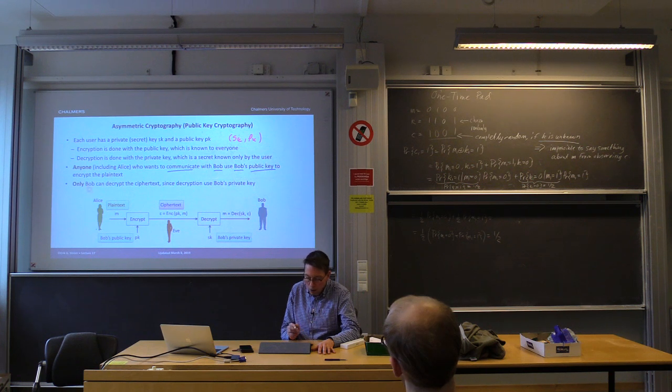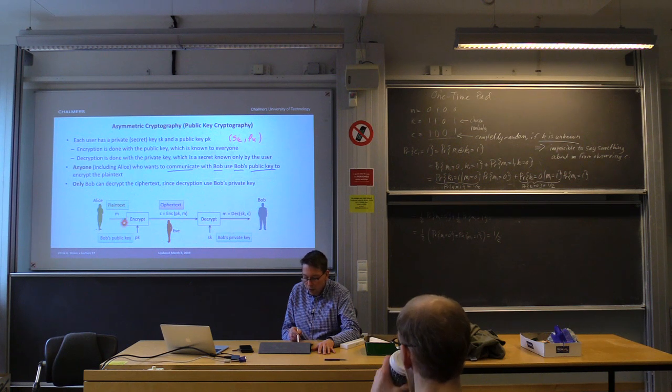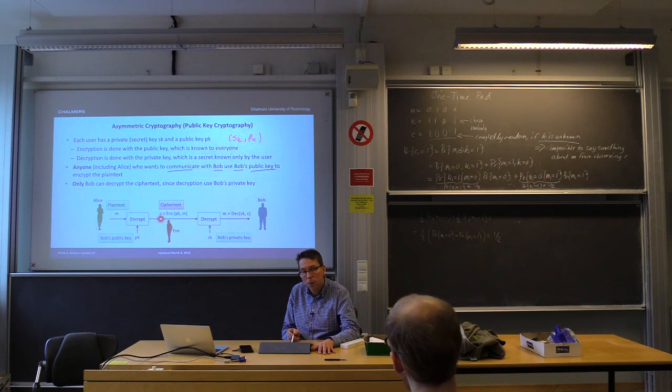So the idea is the following: Alice has some plaintext, M, that she would like to encrypt, and she uses Bob's public key. Then we get a ciphertext C. And Bob decrypts the ciphertext using Bob's private key, or secret key if you like, SK.